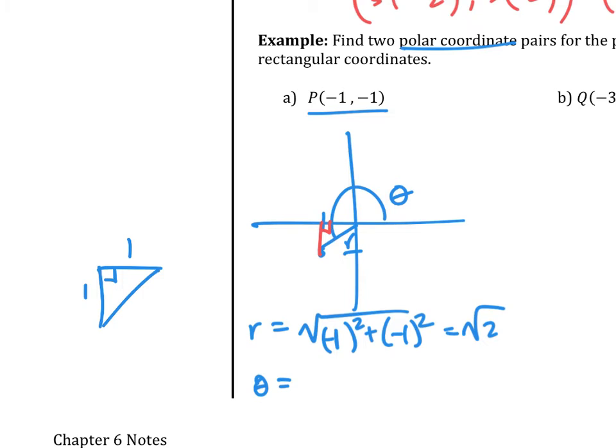So 1 and 1, it's pretty simple to remember that this is 45 degrees because this is an isosceles triangle, 45, 45, 90 degrees. That's why these two sides are equal.